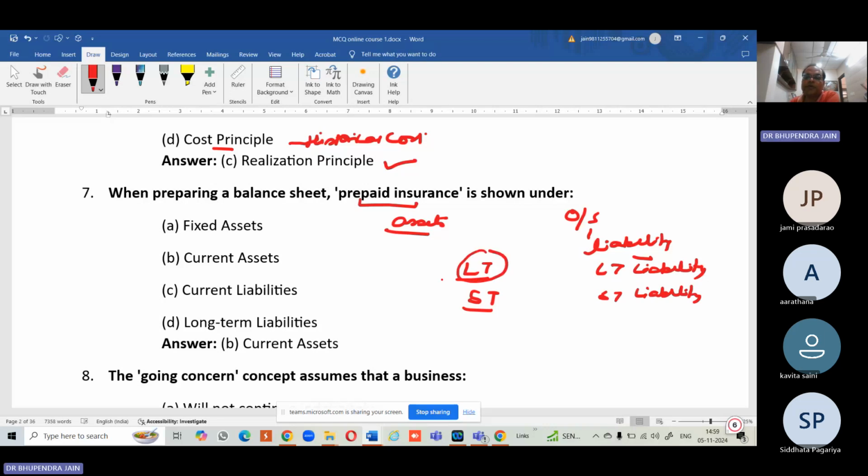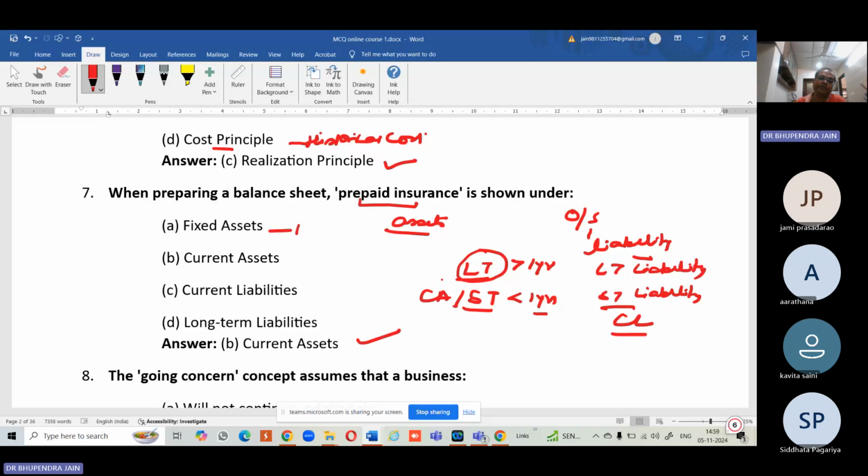Long-term means the duration of the asset is more than 1 year, so this is called long-term. Or if less than 1 year, then this is called short-term. So if you paid insurance in advance as prepaid, this will always be a current asset. Short-term means current assets and short-term liability means current liability. So the answer is current assets.